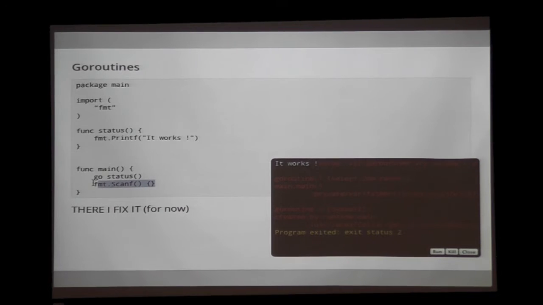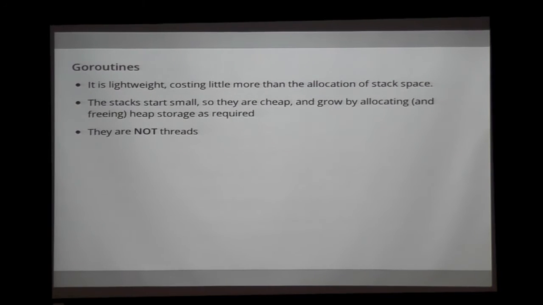All right, so we need a way of waiting for all the Go routines to complete. But the main point that I want to follow now is that these Go routines are very fast, very lightweight, and specifically they are not threads.